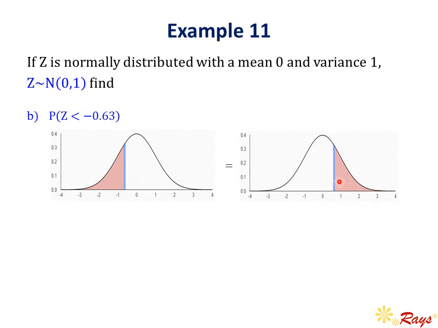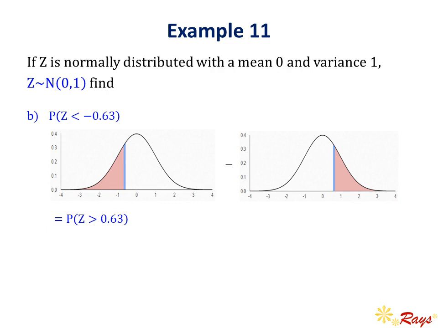As you can see, it's actually the same area because of symmetry. Therefore, the probability of Z lesser than negative 0.63 is equal to the probability of Z greater than 0.63. If we write it in this form, then we can find the probability straight away from the standard normal table.